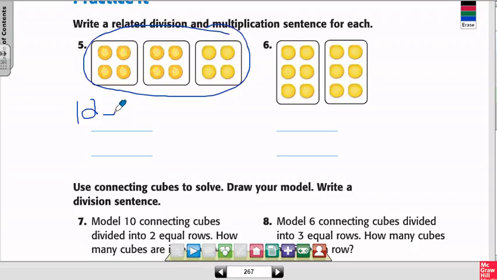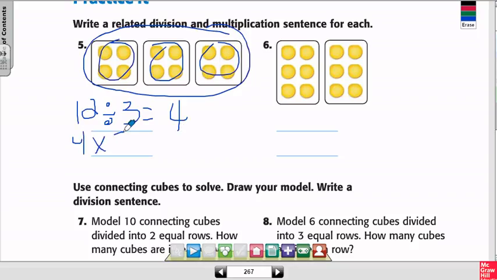So it's 12 divided by, how many groups are there? Listen carefully. I have 1, 2, 3. 3 groups. How many in each group? 4. Now what would be my multiplication sentence? 4 times 3. It's 12.